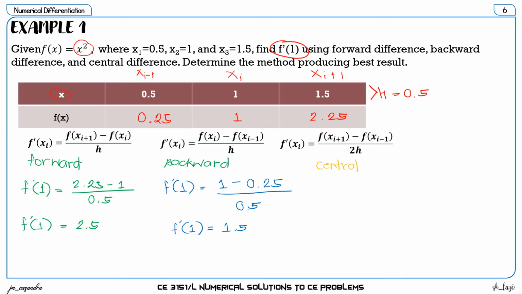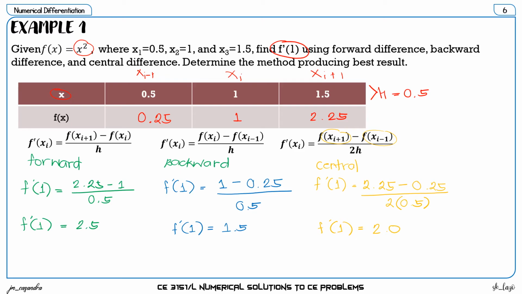We'll have now f prime of 1 is equal to the function of xi plus 1, that's 2.25, minus the function of xi minus 1, that's 0.25, divided by 2 times the value of h, which is 0.5, giving us f prime of 1 equal to 2.